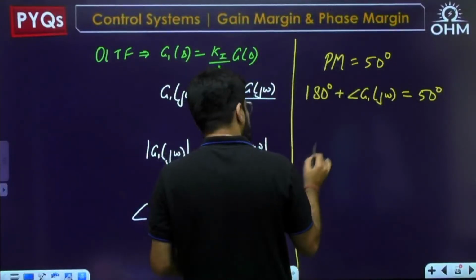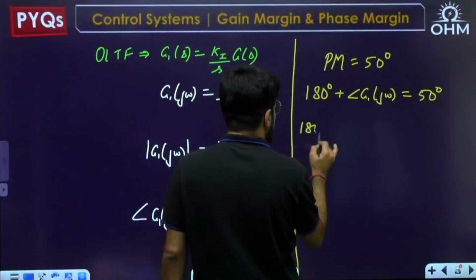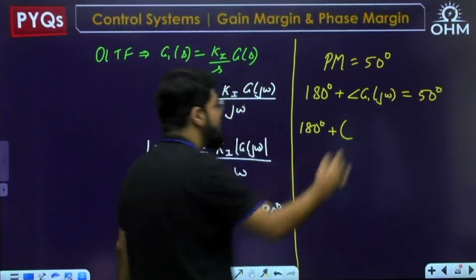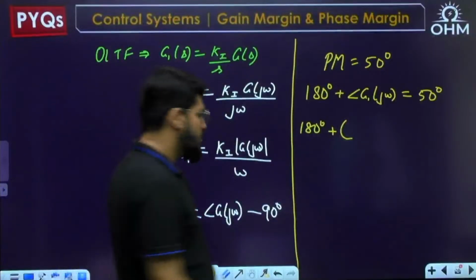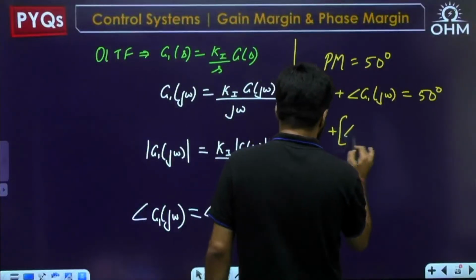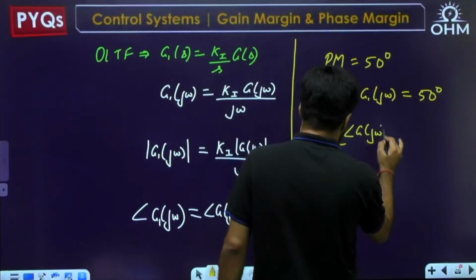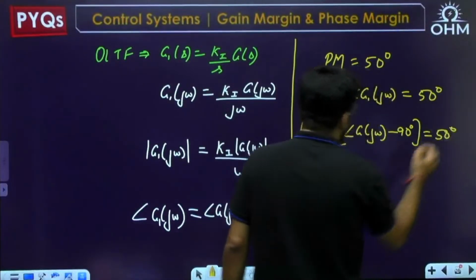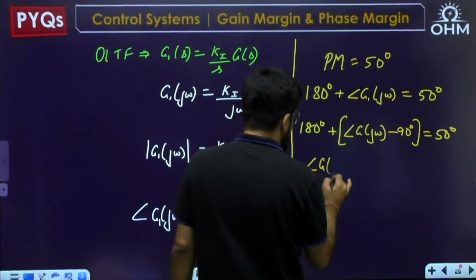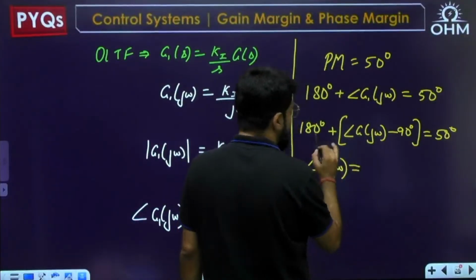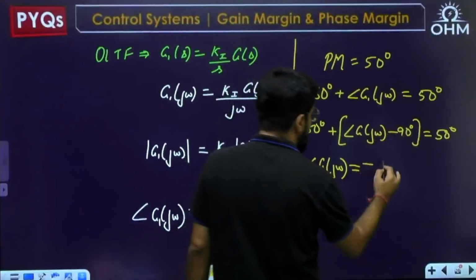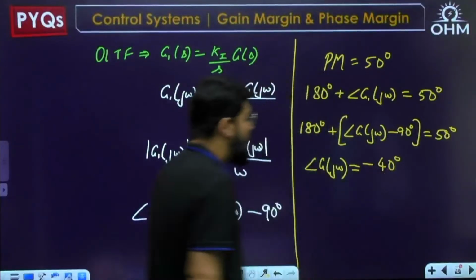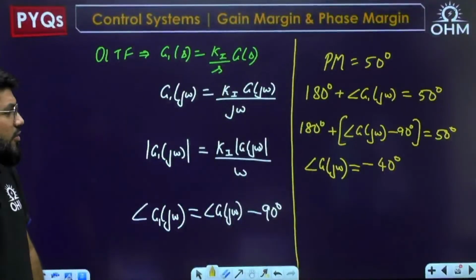That means 180 degree plus angle G j omega minus 90 degree is 50 degree. So angle G j omega will be 50 minus 90, minus 40 degree. Now angle G j omega should be minus 40 degree.